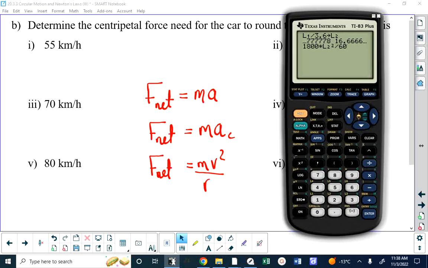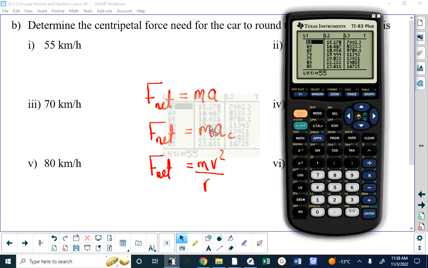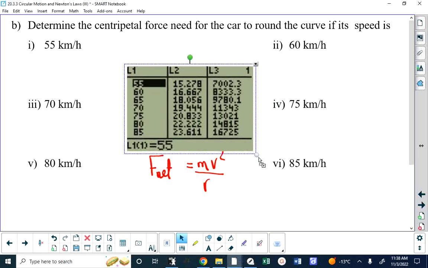What do you think I'm going to do with that new list I'm going to create? Store it into L3. This is a nice way to do repeated calculations, because then I don't have to keep doing the same thing over and over again. I do it once I've loaded the data into my list. So now if I go stat edit, here are my answers to these questions.